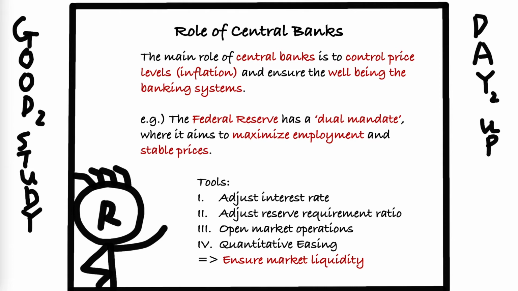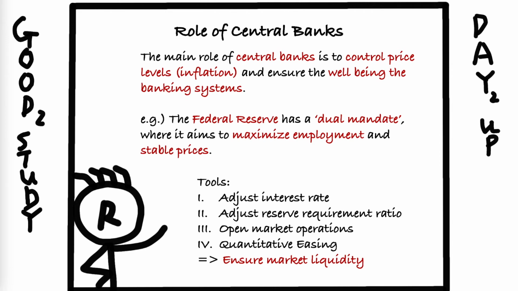Lastly, let's briefly talk about the role of central banks. The main responsibility of central banks, including the Federal Reserve, is to control price levels or inflation and ensure the well-being of the banking system. Let's look at the Federal Reserve specifically. The Fed has a dual mandate, meaning its primary goal is to achieve both full employment and a stable price level.